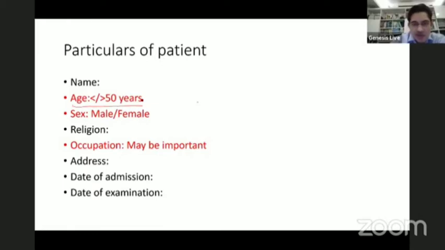Now, if a patient, for example, of 1 year comes to you with a right iliac fossa lump, then you would probably think this is a case of intussusception, right? Similarly, if a young patient of, let's say, 20 years comes to you with a right iliac fossa lump, your first impression would be maybe this is a case of appendicular lump or maybe ileocecal TB, right?